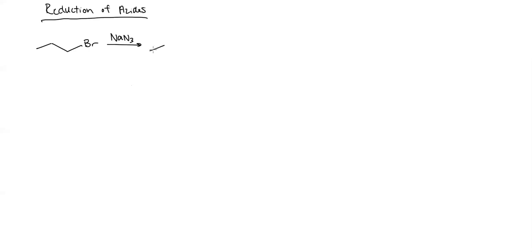Sodium azide is going to do SN2 and replace the Br with an N3. And then we can use lithium aluminum hydride on the N3, on the azide, to turn it into an NH2. So we can turn that into an NH2 pretty easily.